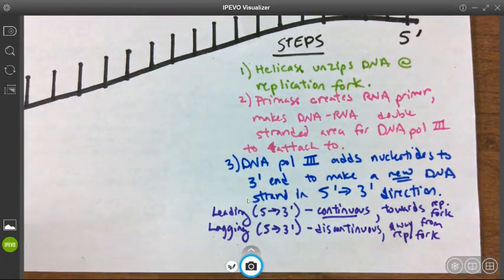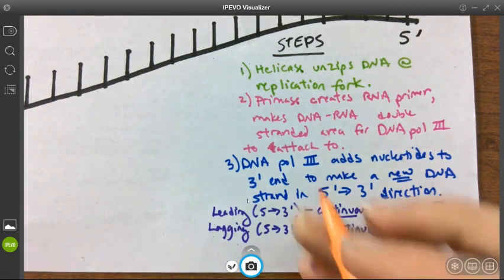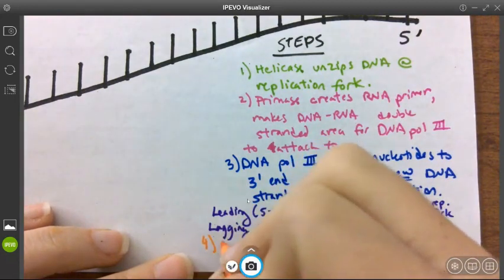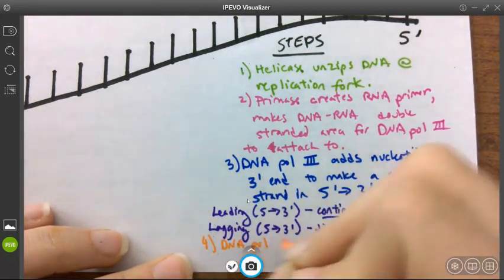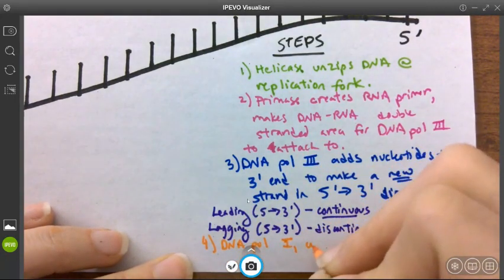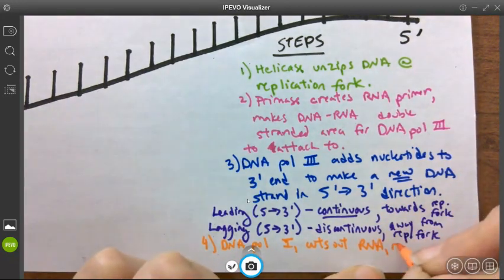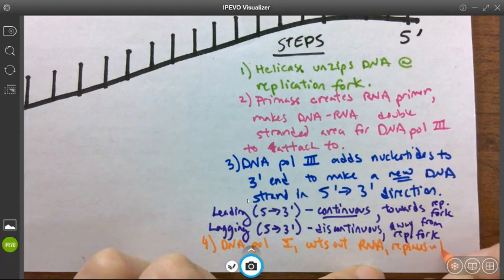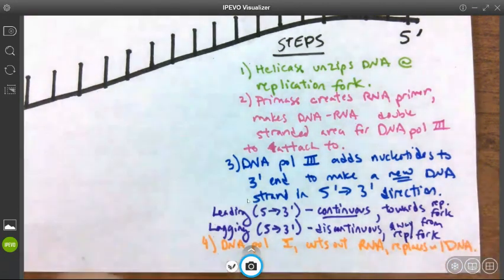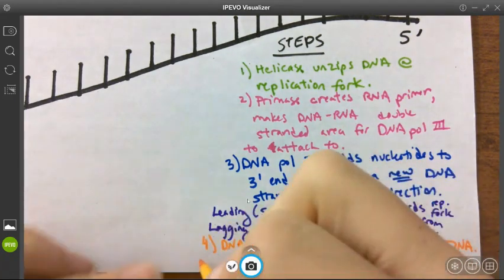Okay, so after the DNA segments are replicated, DNA polymerase I cuts out the RNA and replaces it with DNA. And then ligase has to act on both the leading and lagging strand.